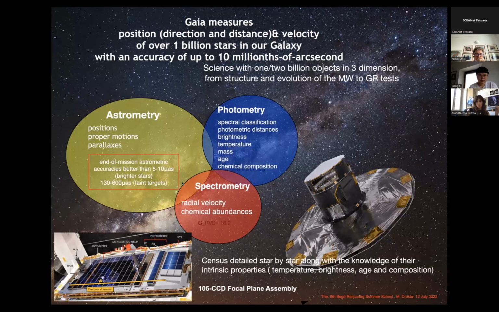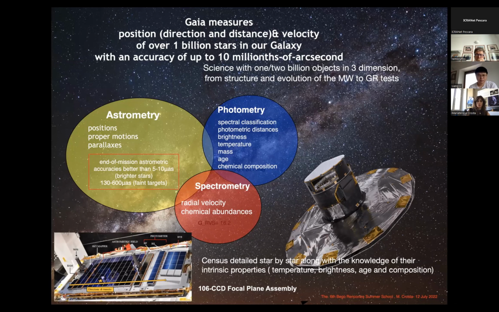As probably you know, because my colleagues last week already gave a talk about Gaia, Gaia is measuring position, direction, distance and velocity of 1 billion stars in our galaxy with an accuracy of 1 microarcsecond. The final goal is to produce science with 1 or 2 billion objects in 3 dimensions, enabling us to understand the structural evolution of the Milky Way and also to plan some relativistic tests.